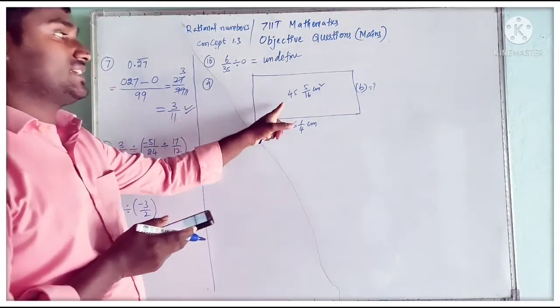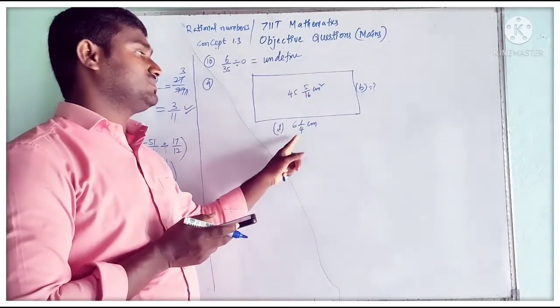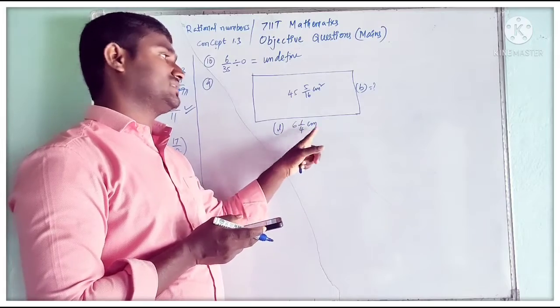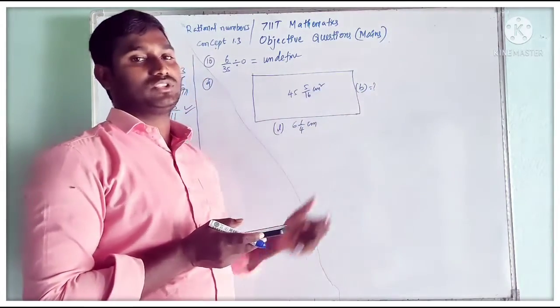Next, 9th question. The area of the rectangle is given as 45 5 by 16 centimeter square. One of the edges, that is, you can consider length, is 6 1 by 4 centimeter. The other edge we need to find. The other edge is breadth, you can consider.